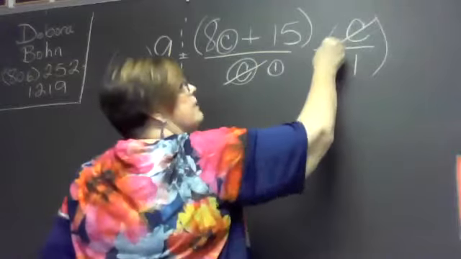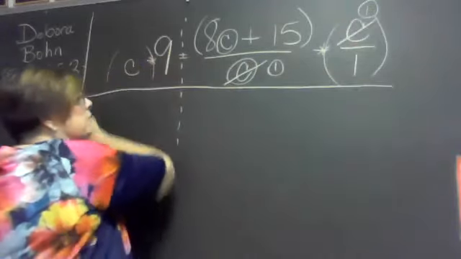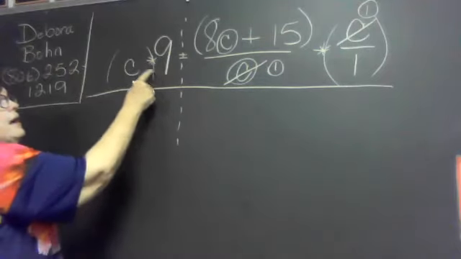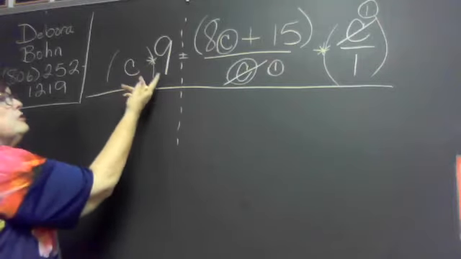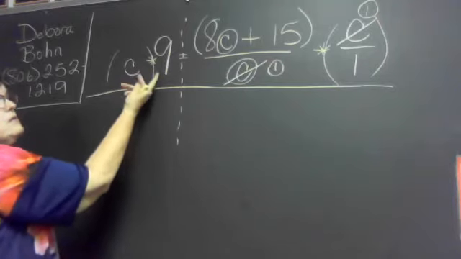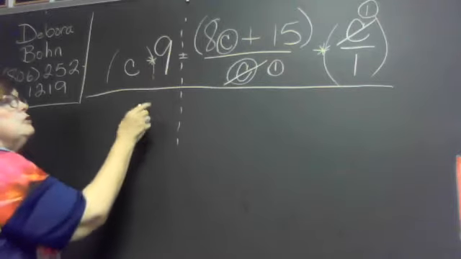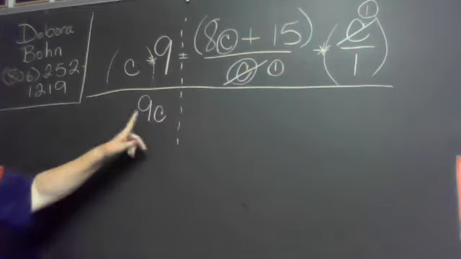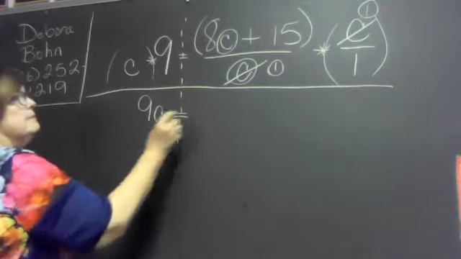When I divide this by C, I get a 1. So our new equation here is 9 times C. In multiplication, you can switch, and it means the same thing. C times 9 is the same as 9 times C. So I'm going to write 9C, because when they're crammed together, we know this is multiply. Equals goes on the line.